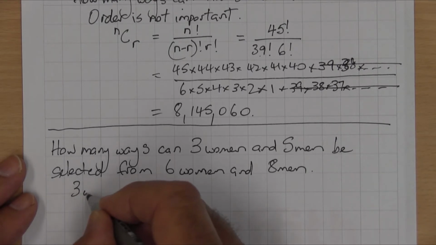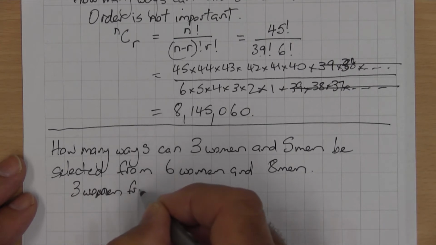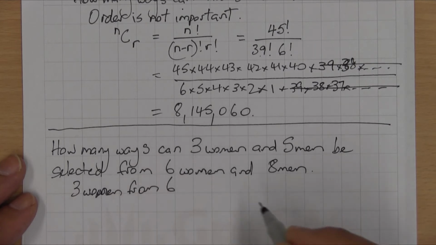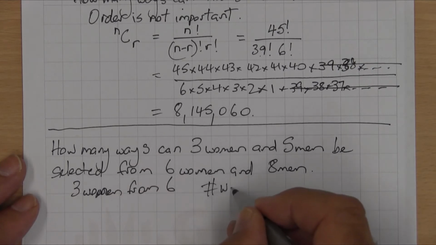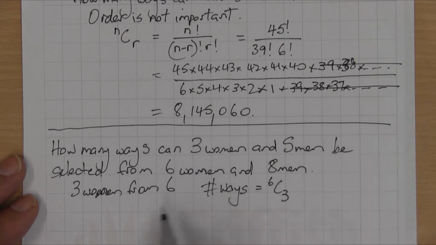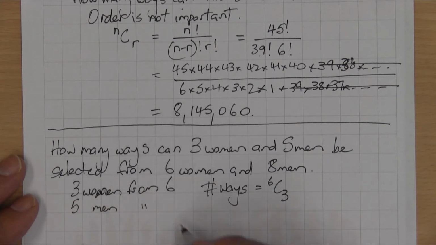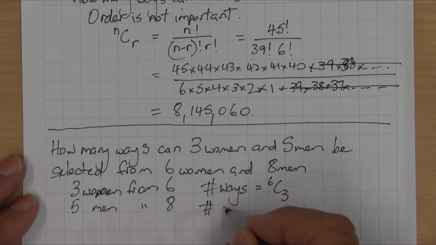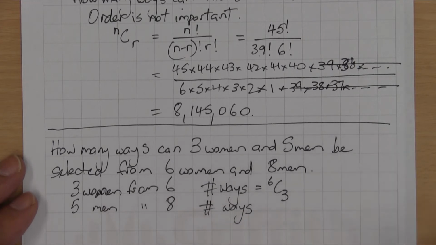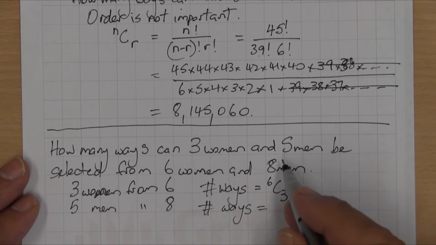So 3 women from 6, number of ways, is equal to 6C3. So we want to choose 3 women from 6, and then 5 men from 8 is equal to 8C5.